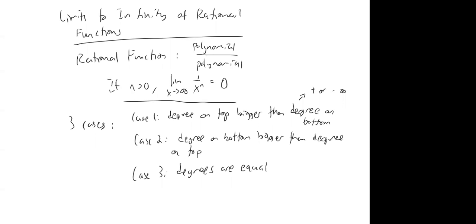If the degree on the bottom is bigger, it goes to 0, because it behaves like 1 over x to the n. And if the degree was equal, what was the answer? Well, it was the leading coefficients, right? Leading coefficients of highest degree.